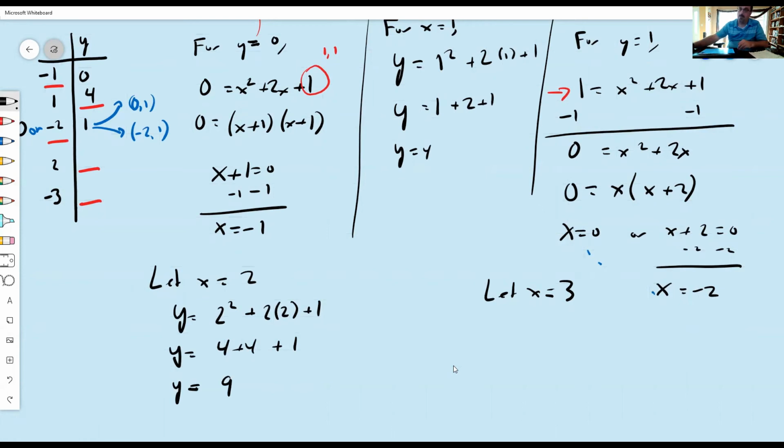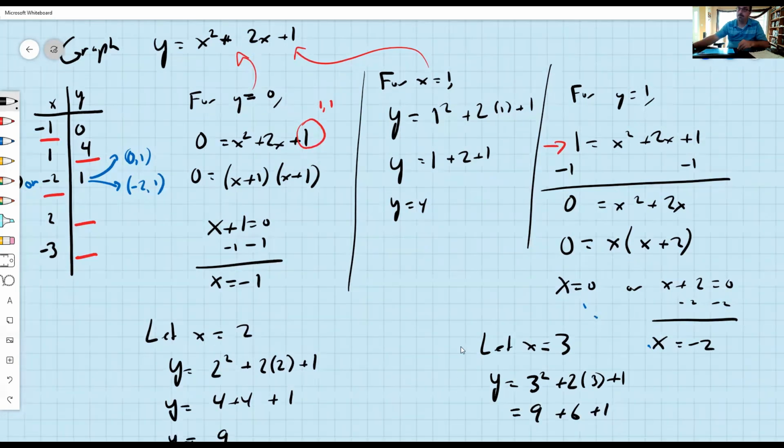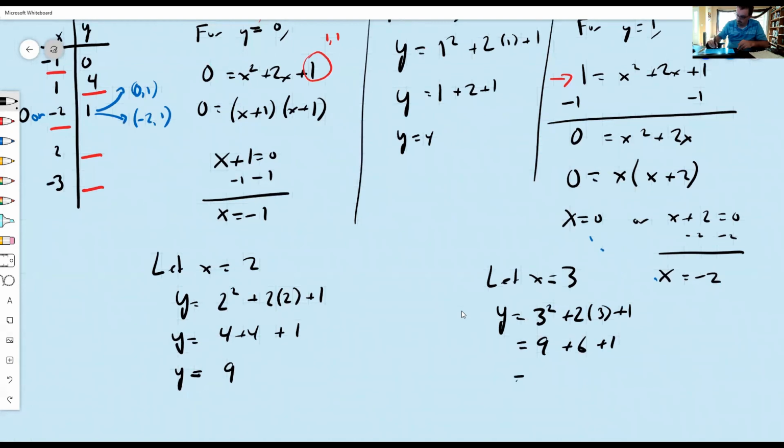Finding the last one, go back to my equation. y equals x squared plus 2x plus 1. So y equals 3 squared plus 2 times 3 plus 1. 9 plus 6 plus 1. 16. So 3, 16.